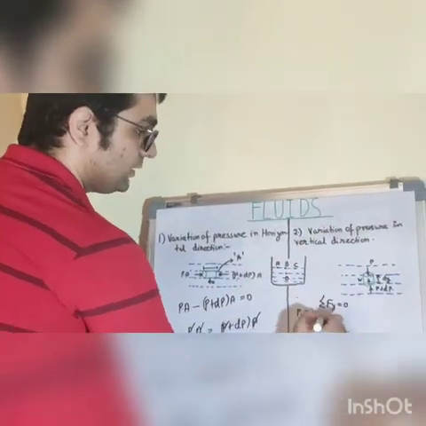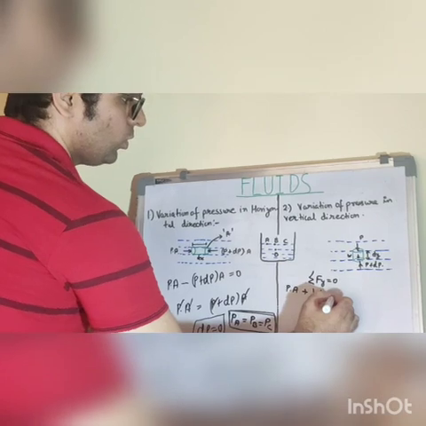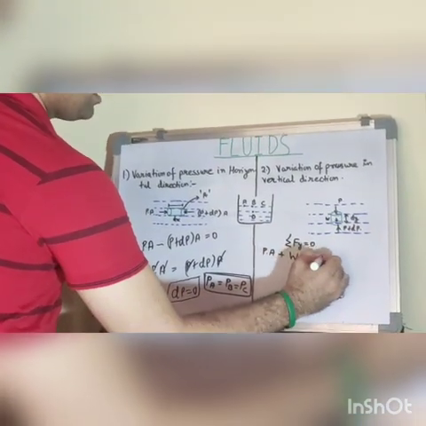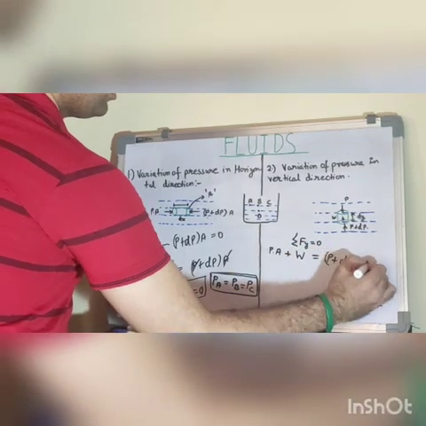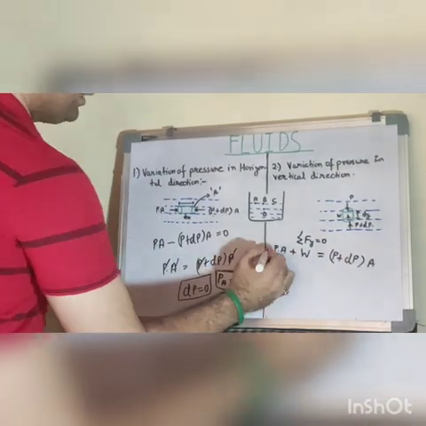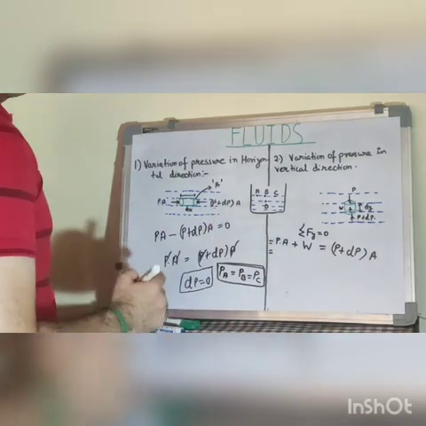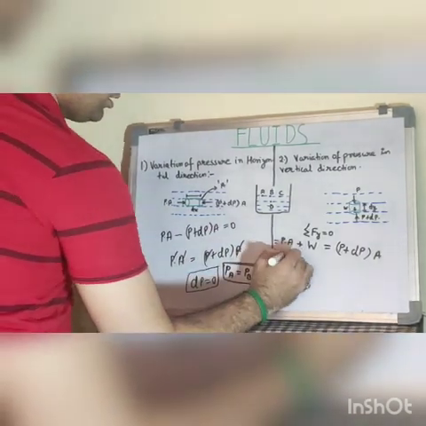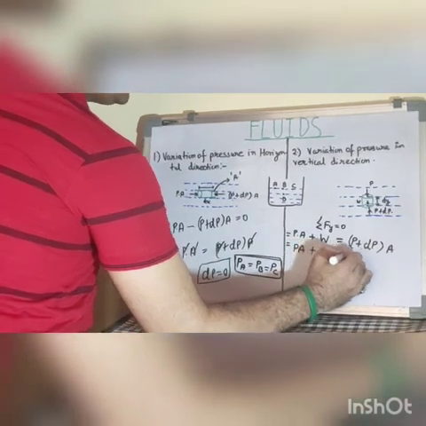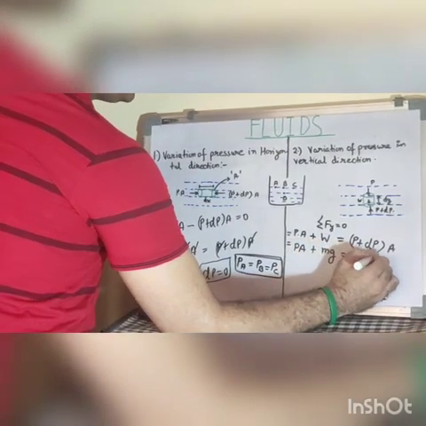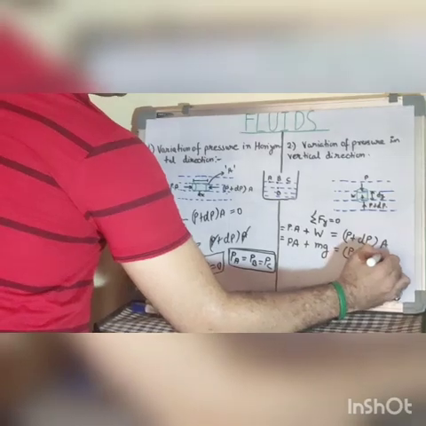Okay, so we will say that plus W, which is balanced by P plus dP into A. Now we can write W is the weight. We can write mg, PA plus mg, which is equal to P plus dP into A.